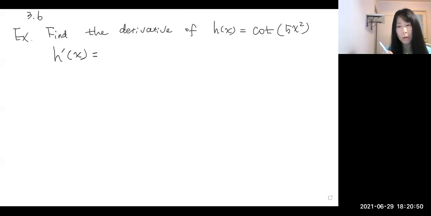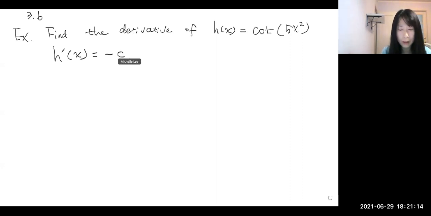So we have a power, it's not on the outside, right? Can you see that? All right, then we're going to take the derivative of cotangent first. So what's the derivative of cotangent? Negative cosecant squared.